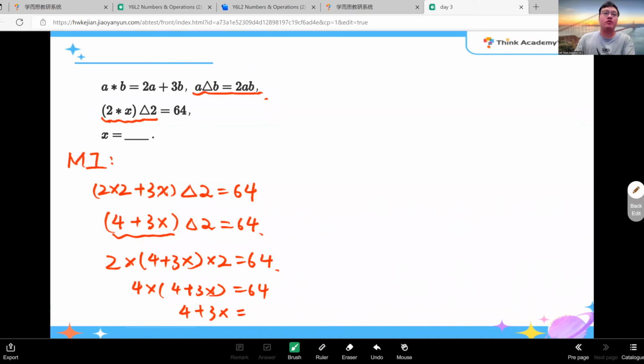If you do 64 divided by 4, so that should be 16, right? Okay. So 4 plus 3x is 16, and then 3x is just 16, take away 4, you got 12. So x is 4. Yes, 12 divided by 3, you got 4.